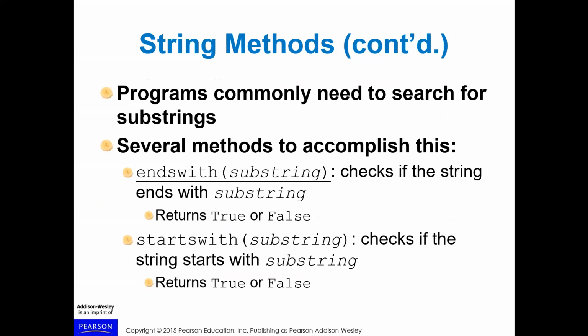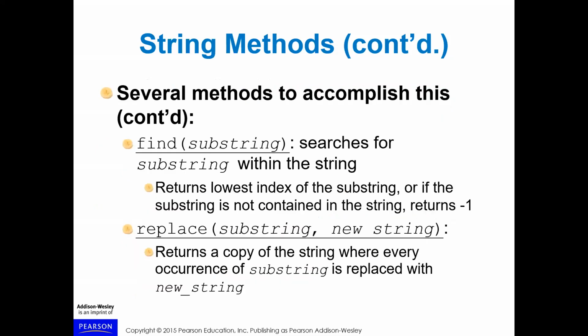So other methods include endswith, which checks if the string ends with a substring, right? So you're looking for, let's say, all the people with last name Smith, so you look for that in all your full names, or startswith, all the people whose names start with J. You can do that as well. find is a very handy one.